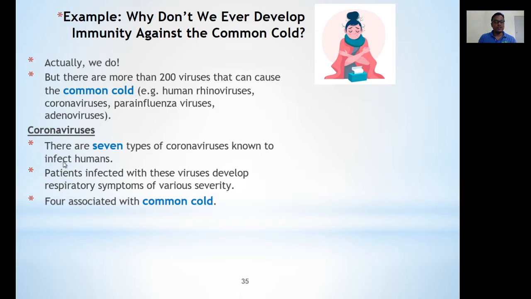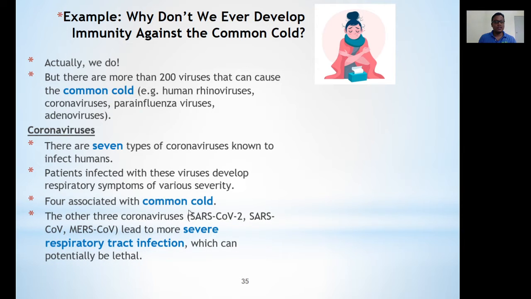So 4 types of coronaviruses are associated with the common cold, and the other 3 coronaviruses are the one that causes COVID-19, the SARS-CoV-2, the SARS-CoV, the one that caused the SARS epidemic in 2003, and the MERS that caused the Middle East respiratory syndrome, an epidemic somewhere in 2012. So now 2019 is the time for SARS-CoV-2.